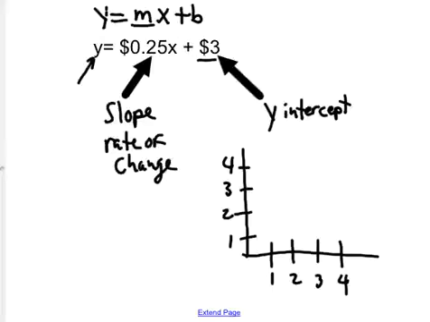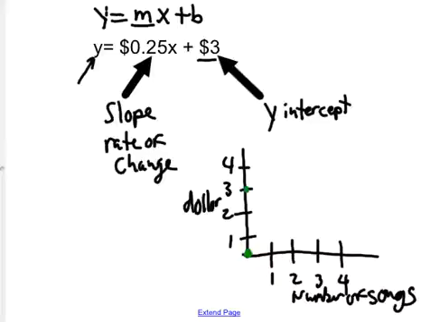This would be my number of dollars, and this would be my number of songs. I could graph this, but I wouldn't start at 0. I'm not going to start here where I'm going to put this nice big green point, because no matter what I do, it's still going to cost me $3. If I buy no songs, it's going to cost me $3.